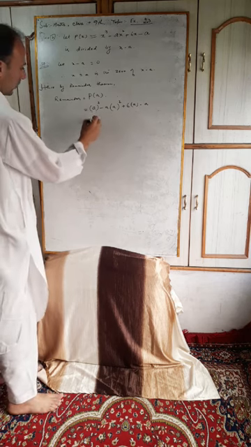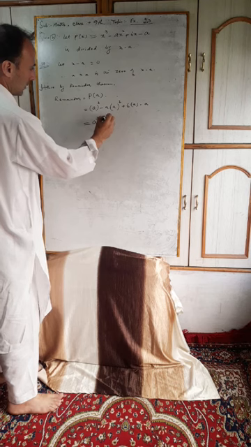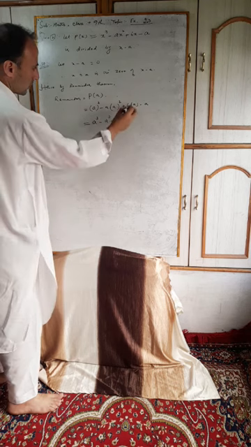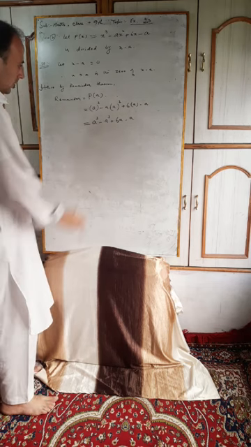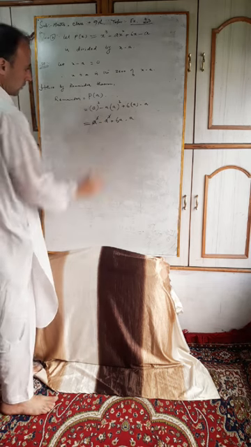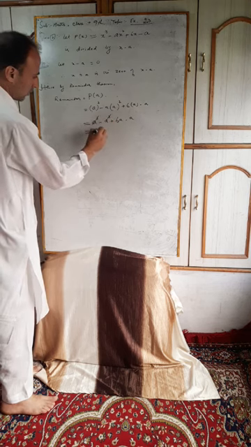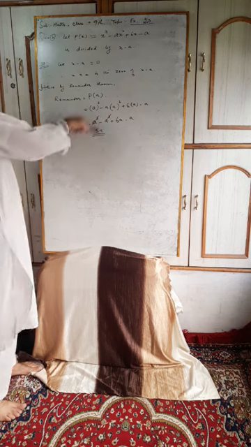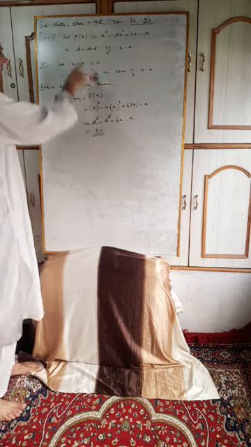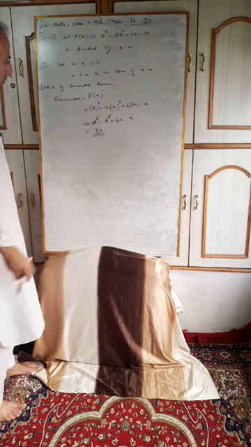It will be equal to a³ − a into a², which is again a³, plus 6 into a is 6a, minus a. Here +a³ and −a³ will cancel, and 6a − a is equal to 5a. Therefore, the remainder of this polynomial when divided by x − a is equal to 5a.